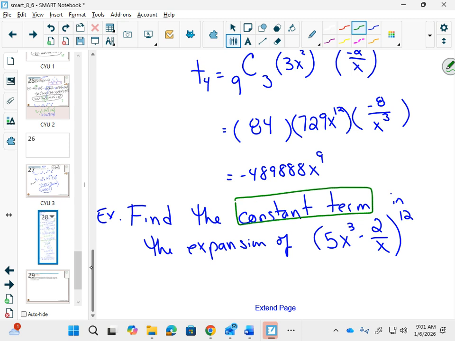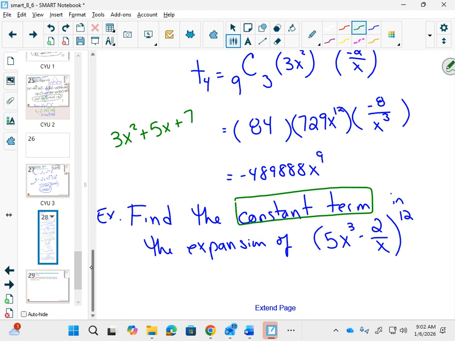This is a language you were introduced to in grade 9, and you realize you didn't always listen in grade 9. What is a constant term? If I gave you a polynomial in grade 9 and asked what the constant term is, it's the 7.